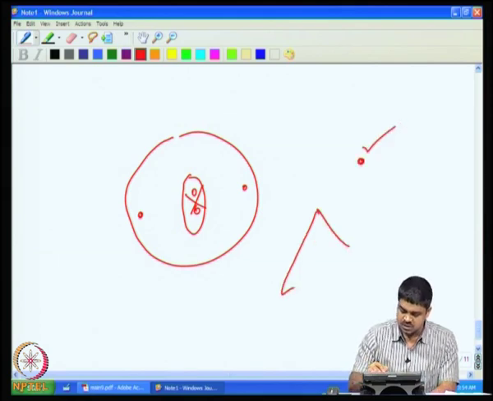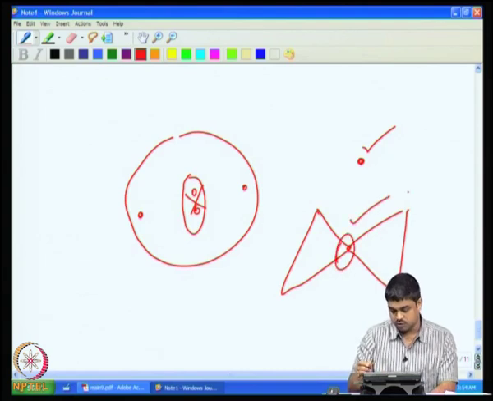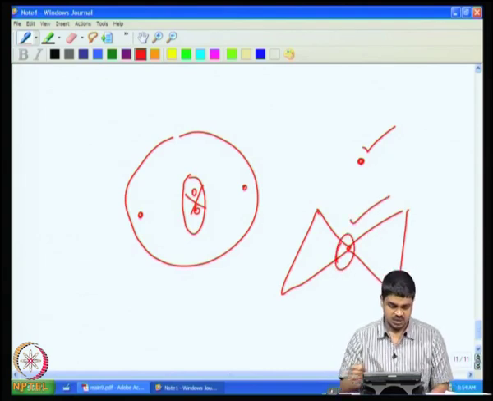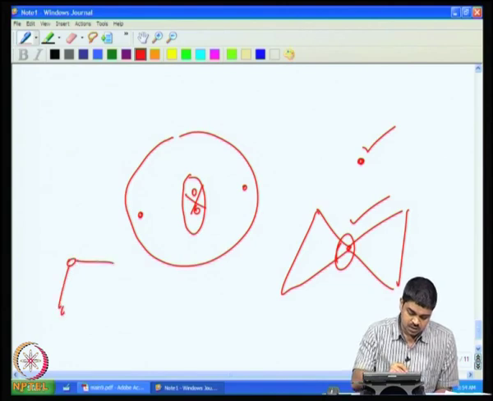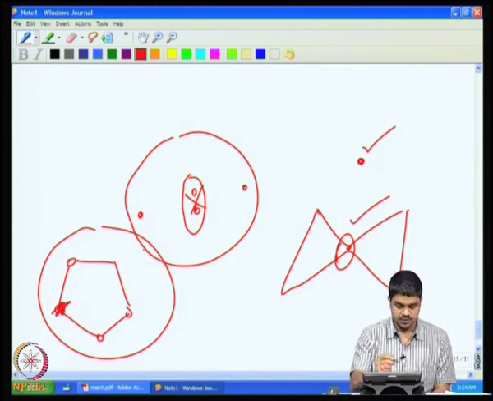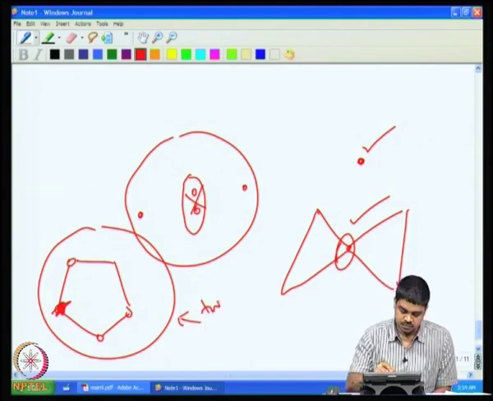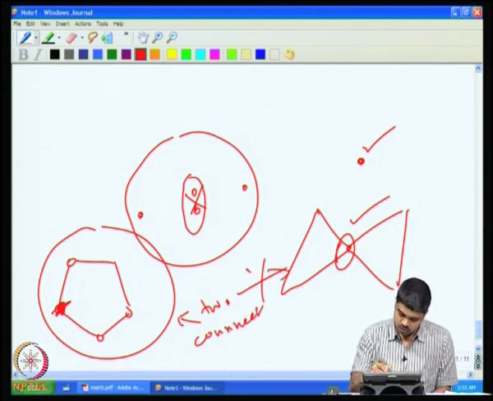For instance, this graph is not two connected because if you remove this vertex, the graph gets disconnected, while this graph is two connected because if you remove any one vertex, it will not get disconnected, a path remains here. So this is two connected, but this one is not two connected.